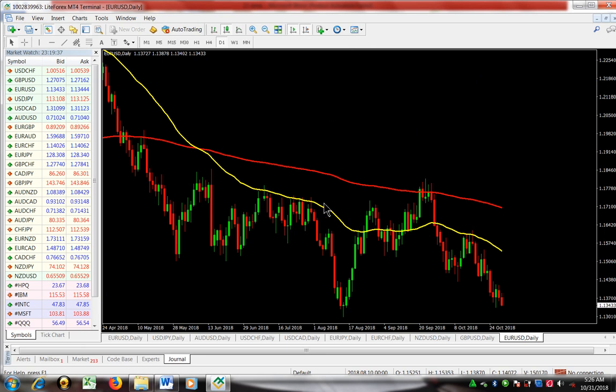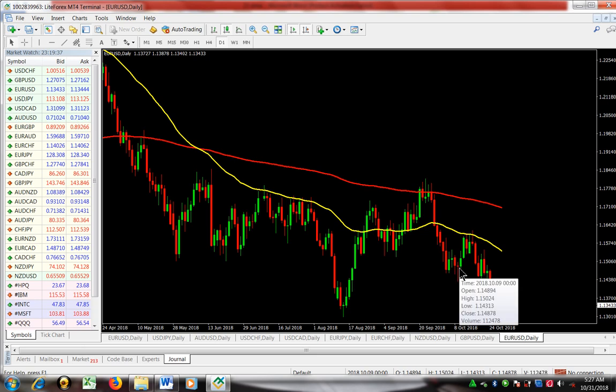Then the 50 EMA, that is the yellow, is used to determine exactly where to join the trend and trade in the direction of the trend. Now, if we have this move below the red, we say the trend is moving down.